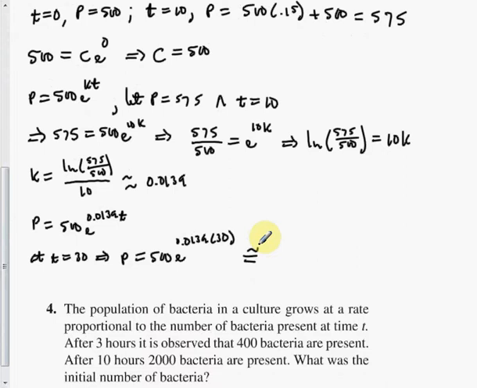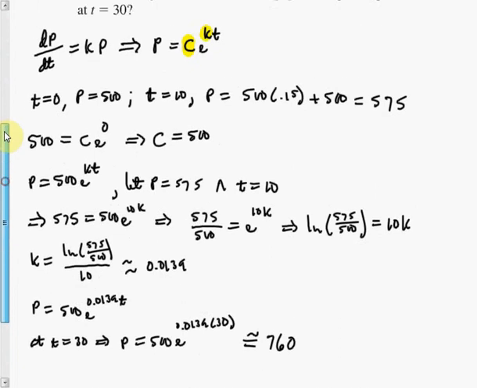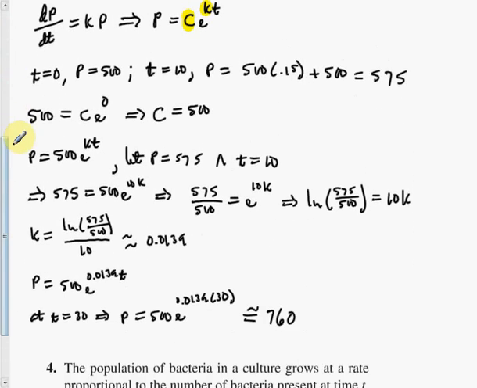Seven, that's what I meant, I'm sorry. Yep, 760 point something, 0.4 something, whatever. Okay. So this is fine. Any questions there? Yes, sir.